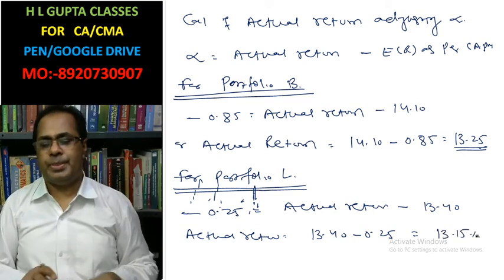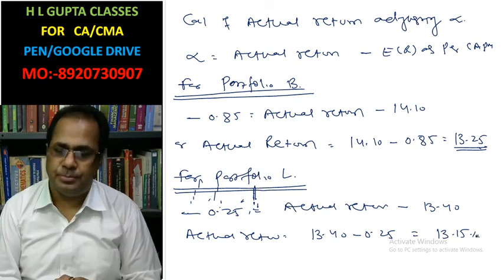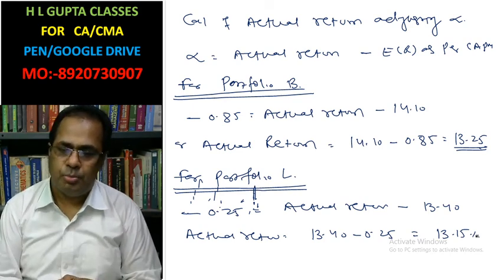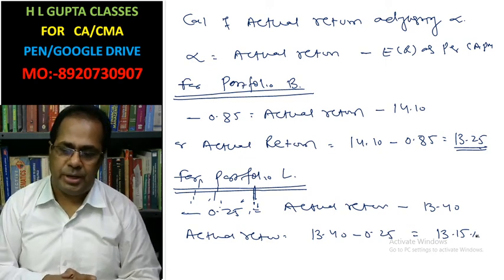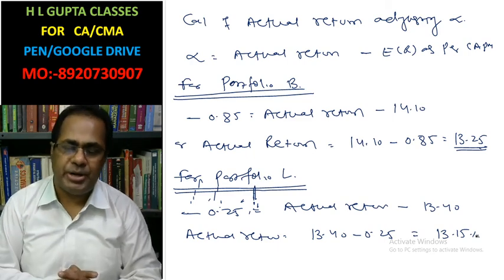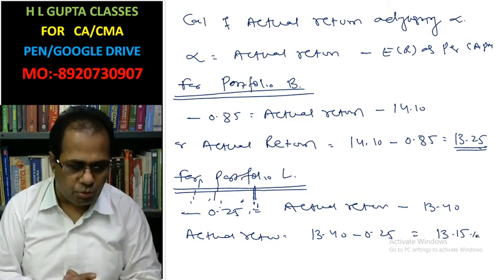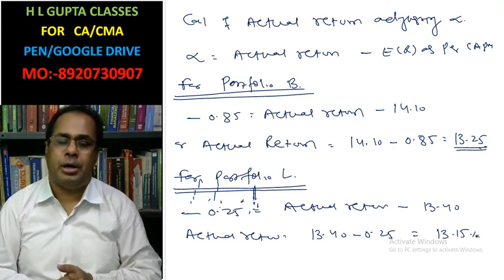Look at it: for portfolio B, the actual return is higher, 13.25, compared to portfolio L, whose actual return is 13.15. Therefore, investors should prefer to invest in portfolio B.